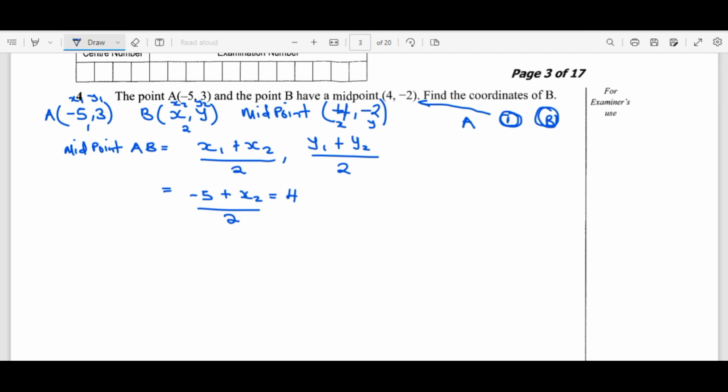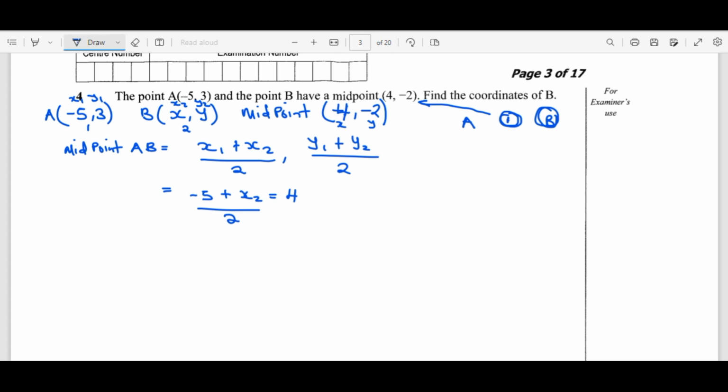Someone may ask where this 4 is coming from. This is the midpoint, because they are saying this is x, and this is y. So the midpoint for x is 4. That's why we've used a 4 there.